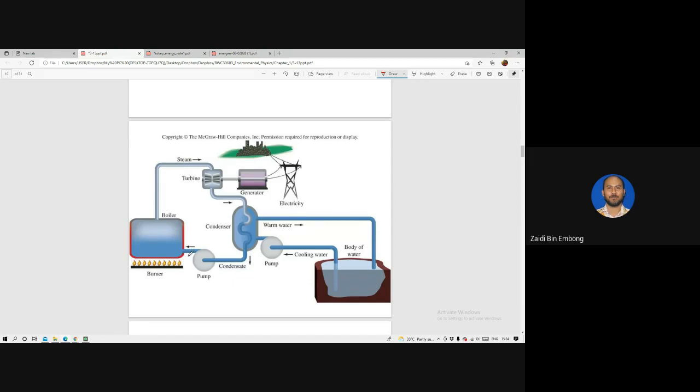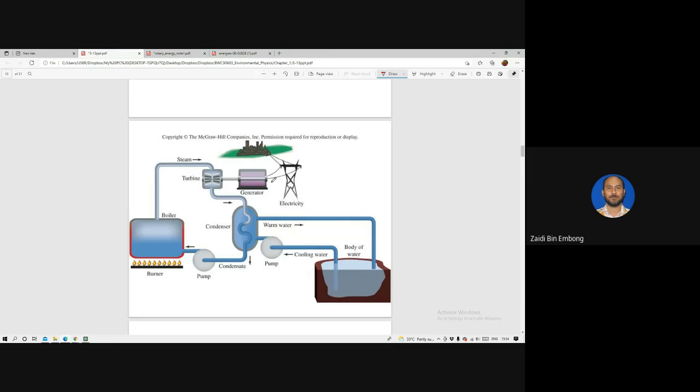Now, in terms of the transformation, what we can see is that from the heat, the steam rotates this turbine. That means the heat transforms to mechanical energy, because the turbine is mechanical energy. Mechanical energy is converted into electrical energy.